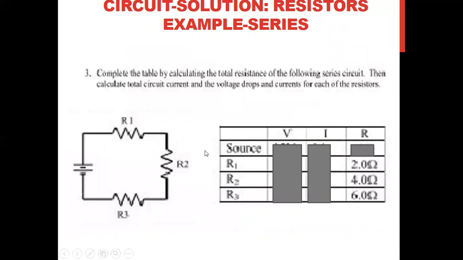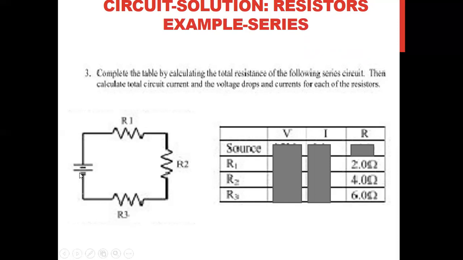So let us see some other examples, which I put here so that you can try yourself. Like this one, a series circuit, there are three resistors, R1, R2, and R3. The values of the resistors are R1 is 2, R2 is 4 ohm, R3 is 6 ohm.